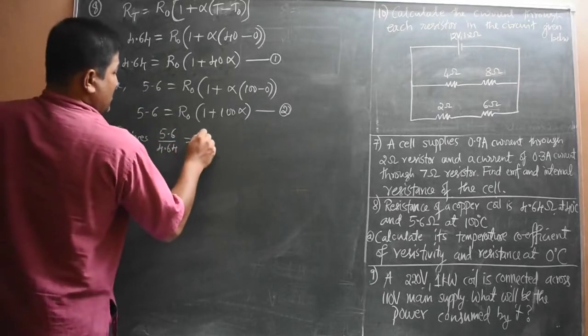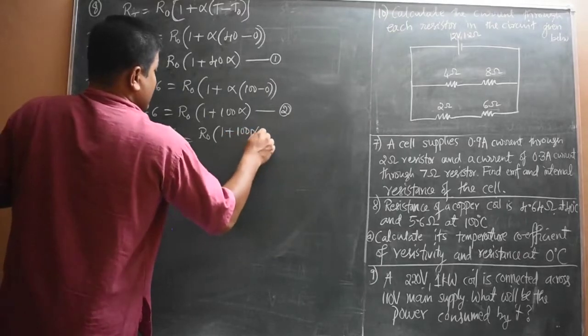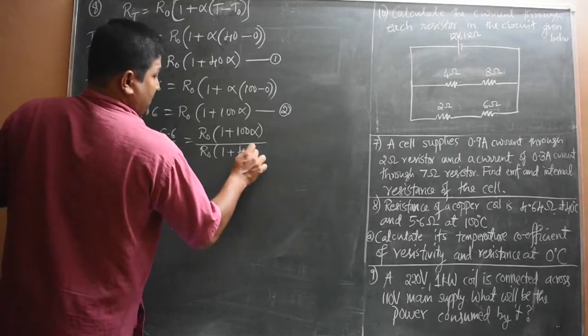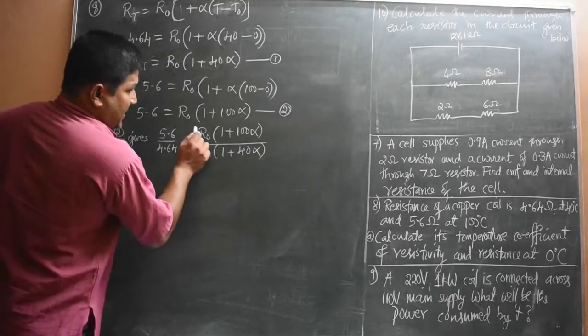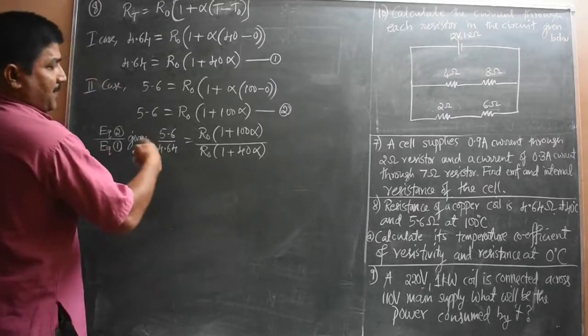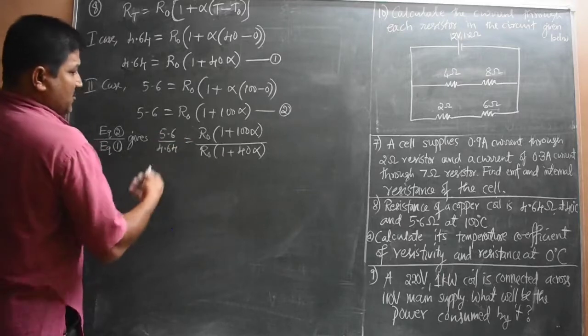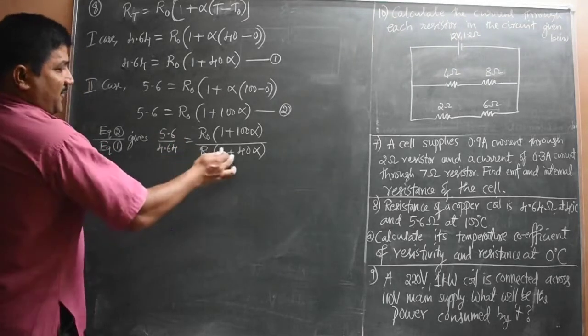Now here, equal to R naught times 1 plus 100 alpha divided by R naught times 1 plus 40 alpha. So this is what we get. Now R naught and R naught cancel. We can do cross multiplication, that is better. Then we can simplify the alpha value.